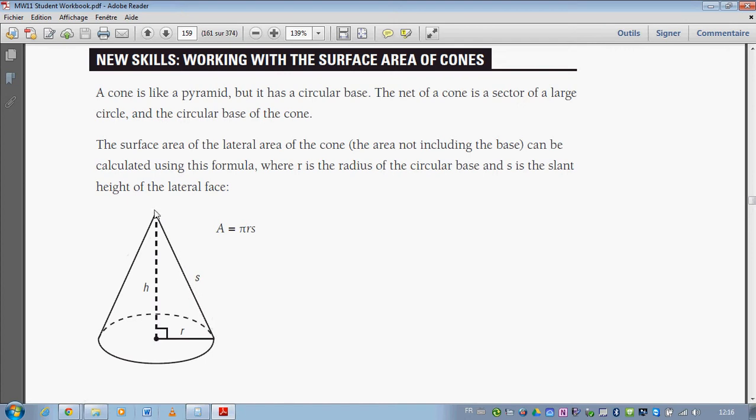So that's what I was talking about in that previous example. S is the slant length of this cone. So the total area, once again, is base area plus lateral area, which is pi r squared plus pi r s.